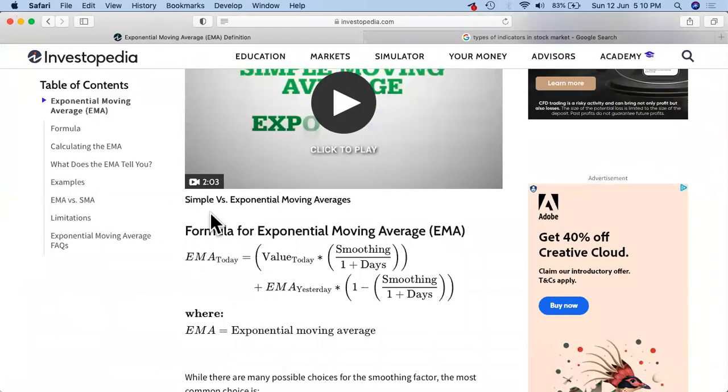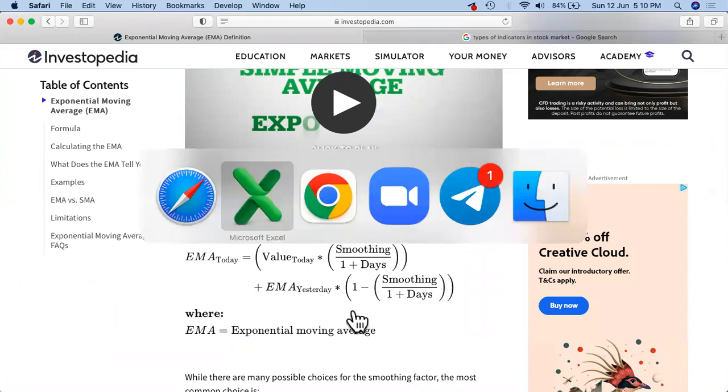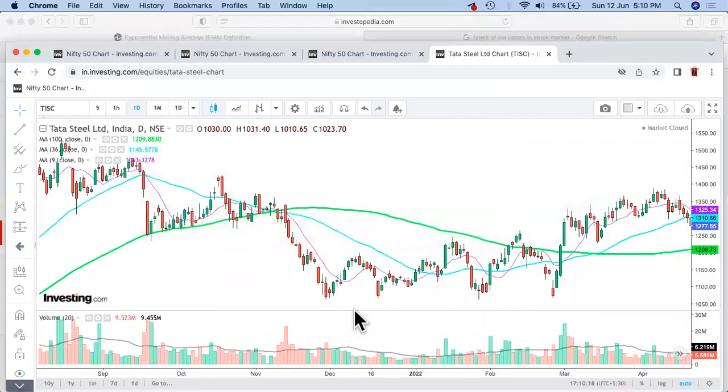See, for exponential moving average, what happens is it gives more importance to the nearest candles, like the previous candle. So this is the formula. You can get more details on that part. Just try to take an example of that.